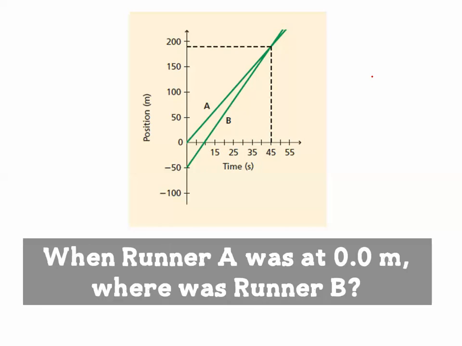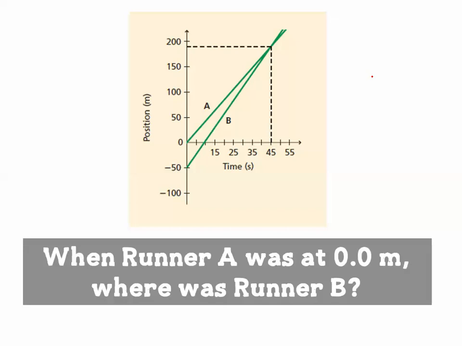Finally, let's look at this question. When runner A was at 0 meters, where was runner B? Hopefully you answered that runner B was at negative 50 meters from the origin, in other words, 50 meters behind the origin.